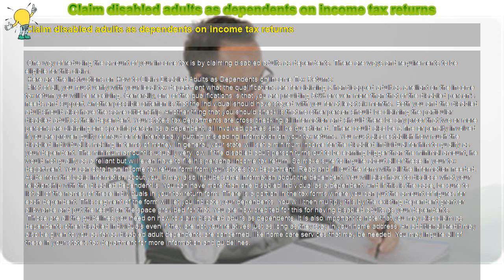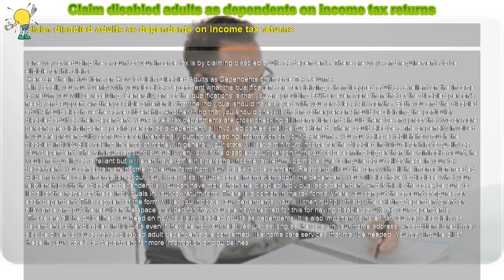You must also establish how much the disabled individual is making in terms of money. In general, your state will set a minimum income for the disabled individual for him to qualify as your dependent. The minimum amount is usually very low.